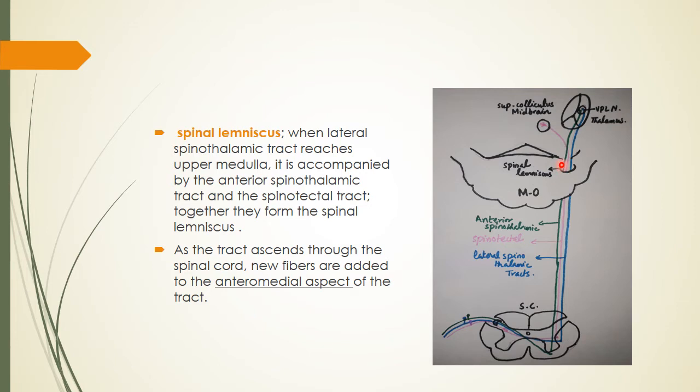There are two terms which are used for these bundles of fibers. One is lemniscus and the other is fasciculus. Lemniscus is the word which is used when the tract is flat, ribbon-like, while when it is rounded, it is called fasciculus. So the spinal lemniscus is formed in the upper part of the medulla oblongata by the anterior and lateral spinothalamic tracts with the spinotectal tract.